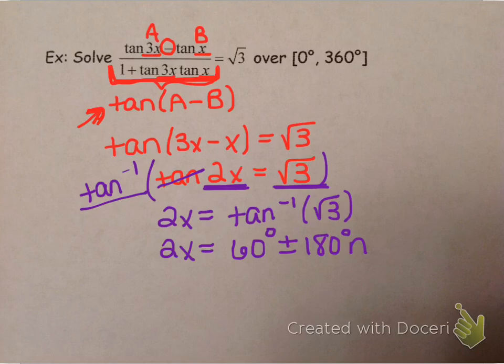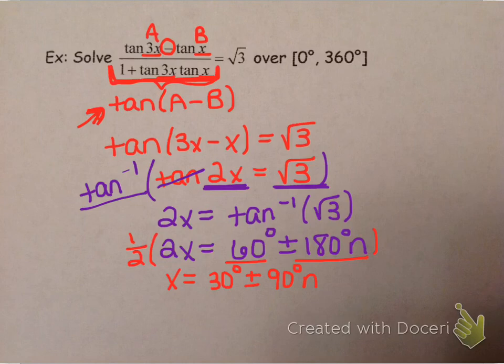And I wanted it written that way because my last step is going to be to take the whole equation and divide it by 2 or multiply it through by a half, because it's the same thing. And so what that means is that instead of starting at 60, I now start at 30. And instead of taking 180 to cycle to all my new answers, my answers will cycle every 90 degrees, which is going to generate more frequent answers.